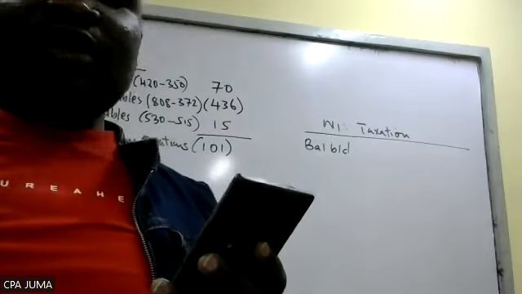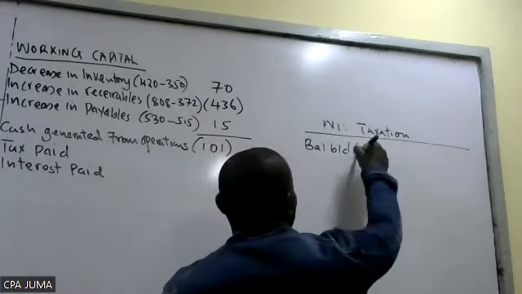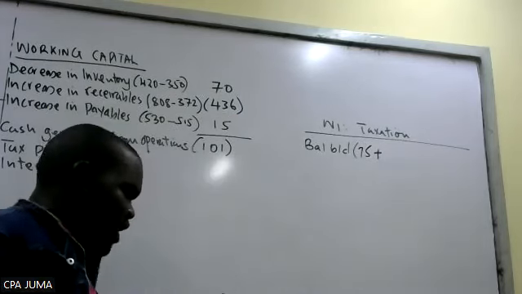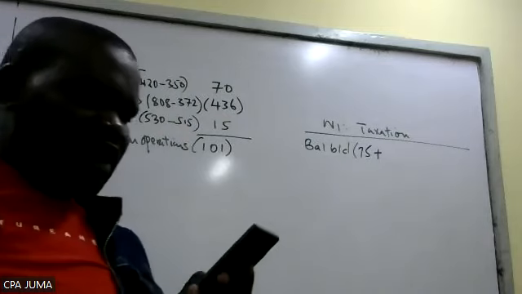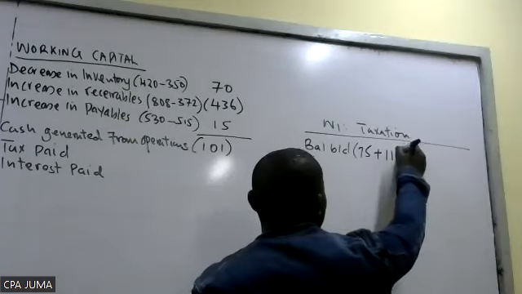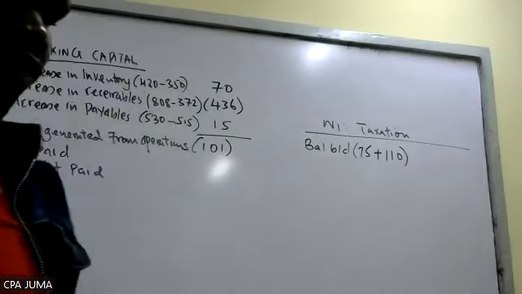If you are keen, you will see 75. Please don't copy, make sure you have seen it. So this is 75 plus current tax. Check current liability, there is taxation of 110. I hope you are able to see those figures in the balance sheet.